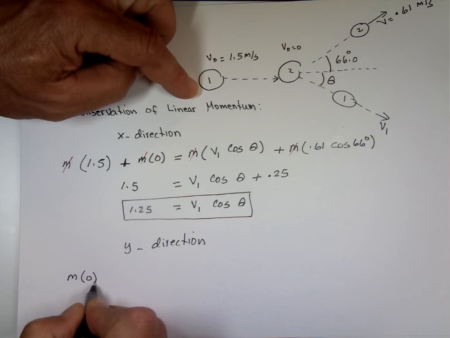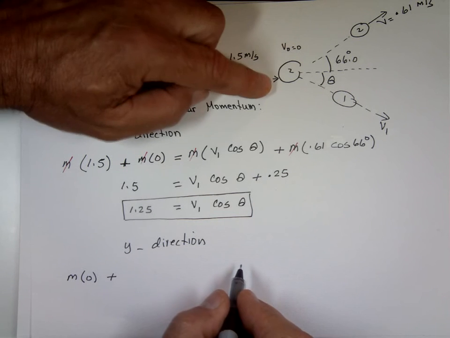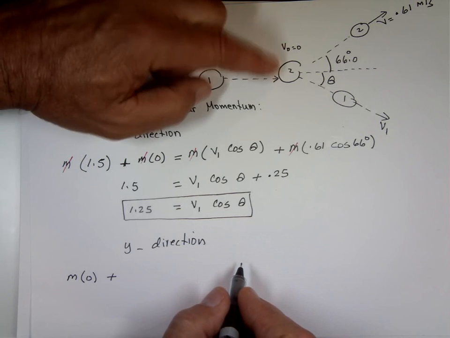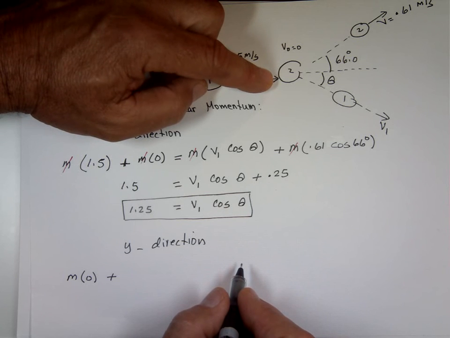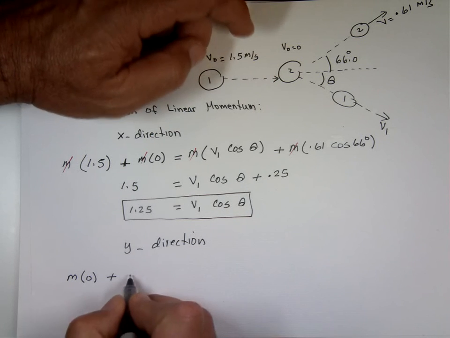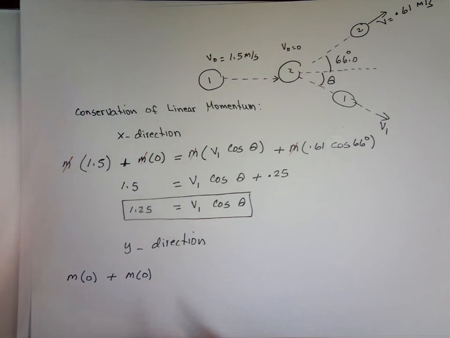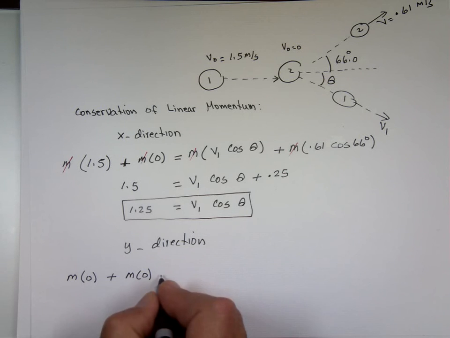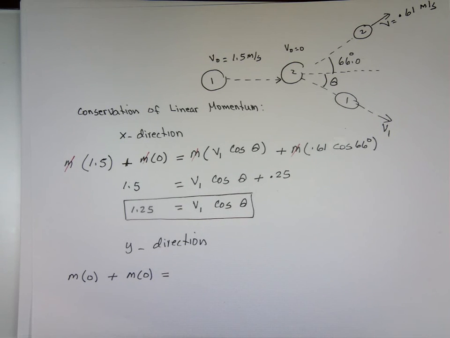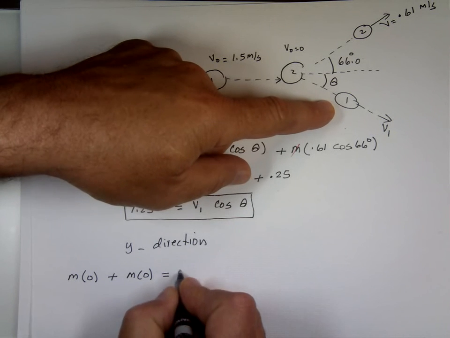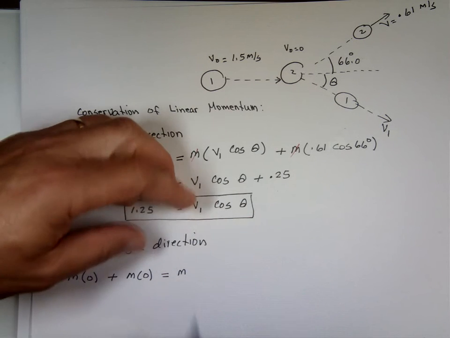The mass of this, m, times the velocity in the y direction, which is 0, equals the mass of this times the velocity, which is v1 sine theta.